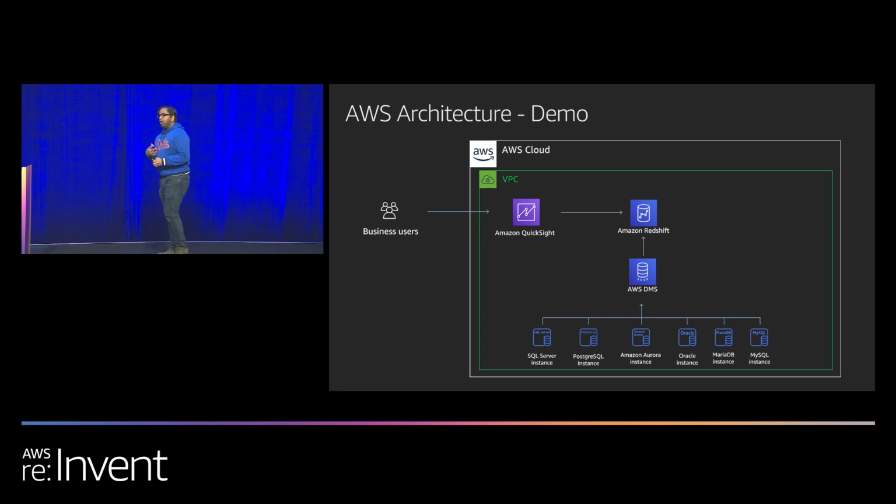Now, in order to understand the relation between these two, or how I should target my advertising with regards to sporting events, or how I should increase my sales in a particular region, I'm using the DMS real-time capability to replicate data to Redshift.